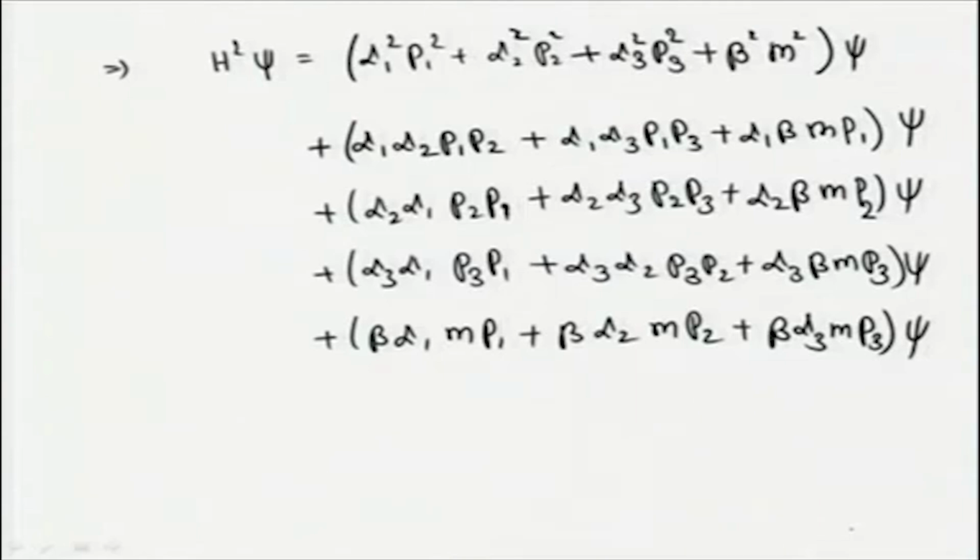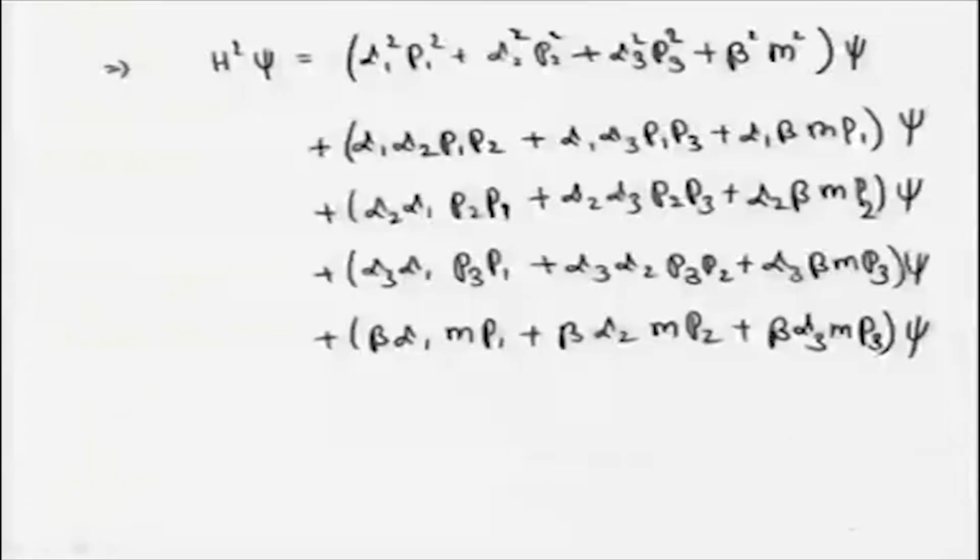Similarly, other components of P also commute with each other and also commute with mass m. But the other coefficients, alphas and beta, we are not assuming to be commuting. And we will see what relations they should follow.